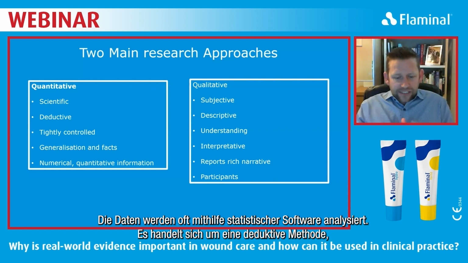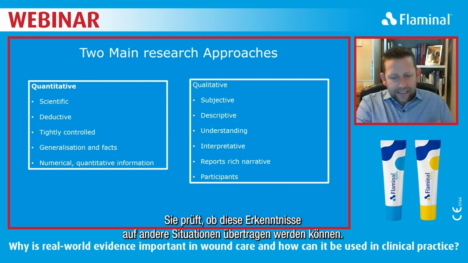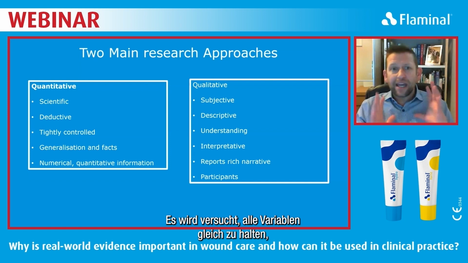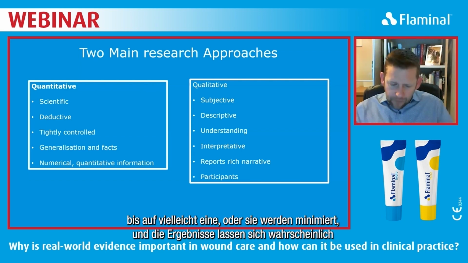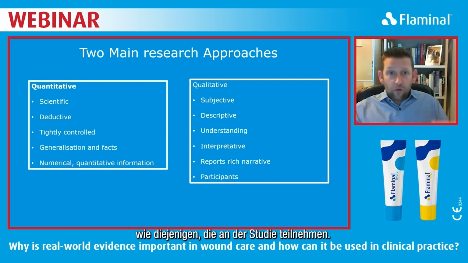It's deductive in its nature as it moves from what is known in the literature, and it tests applicability in other situations. We minimise variation, so we try and keep all the variables the same, apart from maybe one. And we can generalize it in that it's probably applicable to a large population with similar characteristics to those within the study.